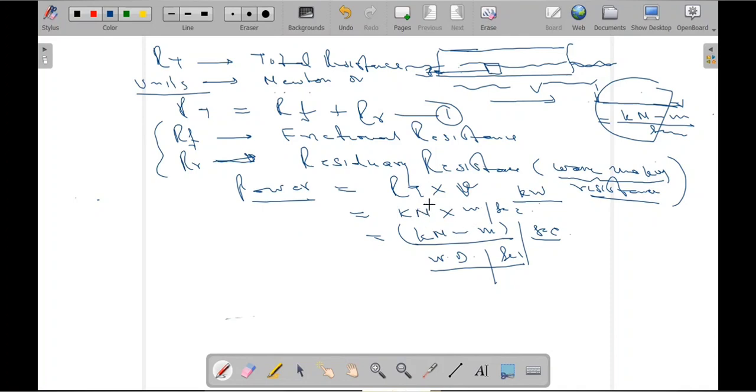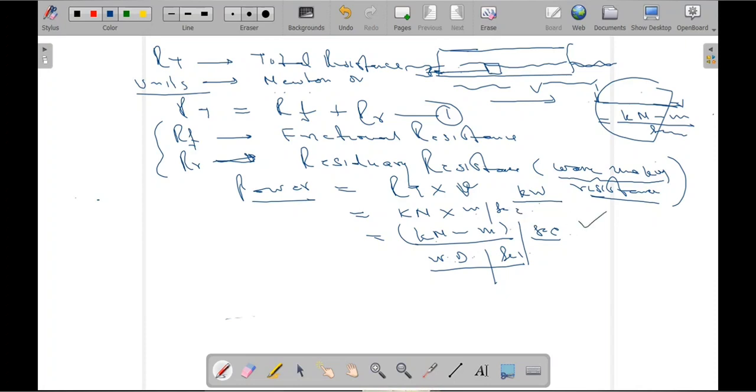Correct. So that is why I am keeping RT either in Newton or kilonewton. Both are part of the SI. And small v will be meters per second. Kilonewton meter per second, which is the work done per second, is the power. So this is how we calculate.